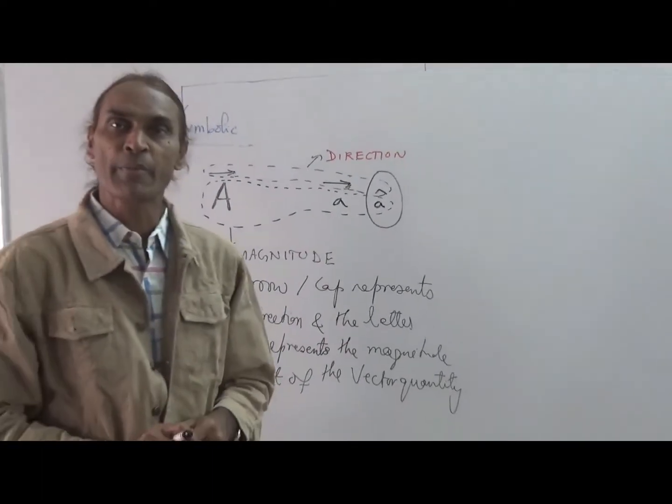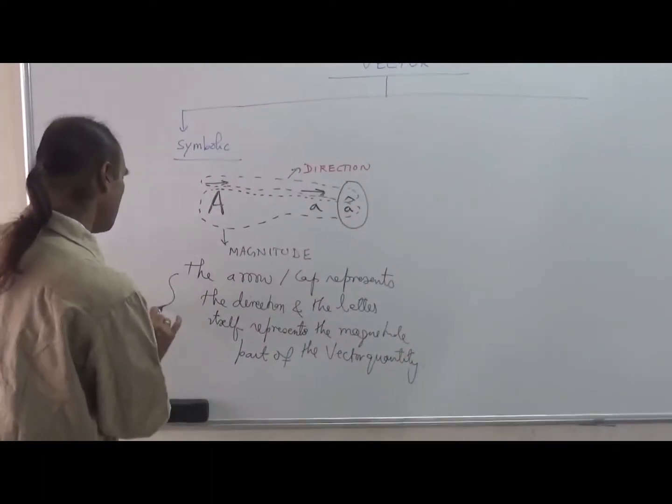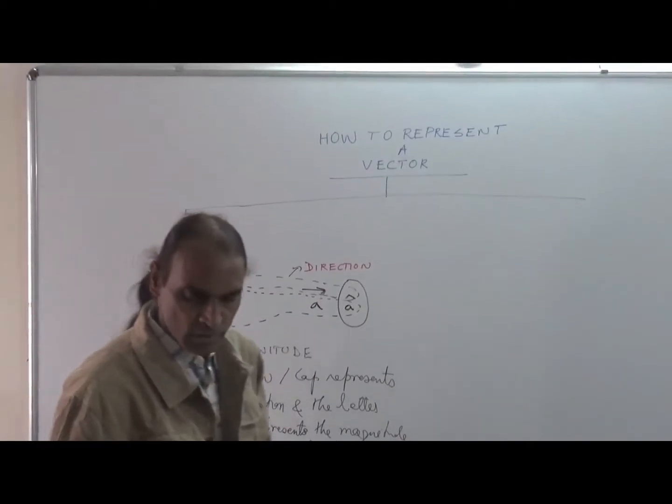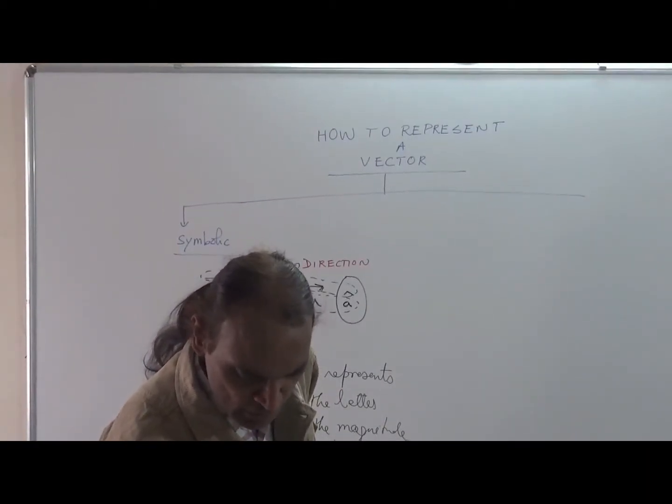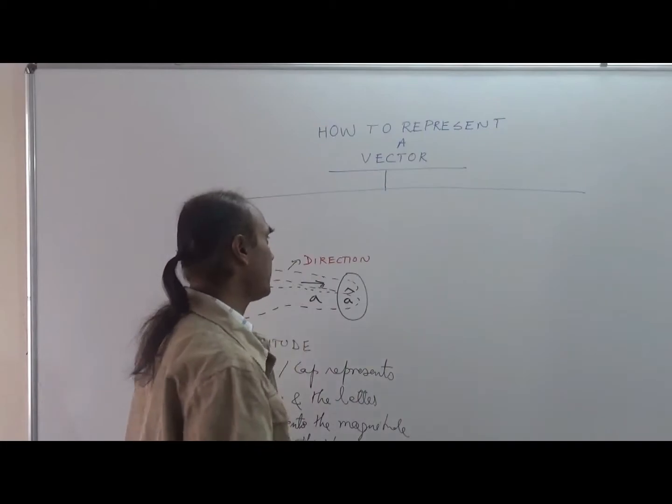So this is the symbolic representation of a vector. Let us talk about graphical representation. How to represent a vector graphically.